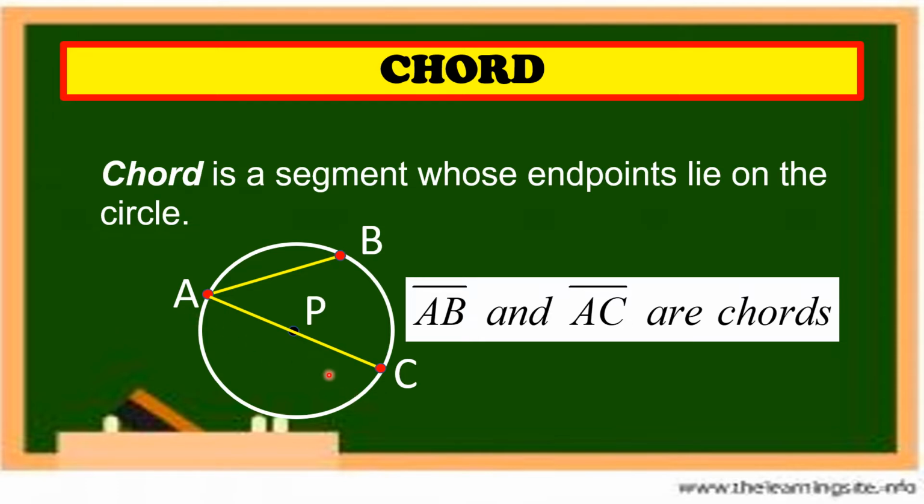The endpoints of segment AC are point A and point C, and the 2 points A and C lie on the circle. So, if the 2 endpoints of the segment lie on the circle, we can consider that particular segment as a chord.